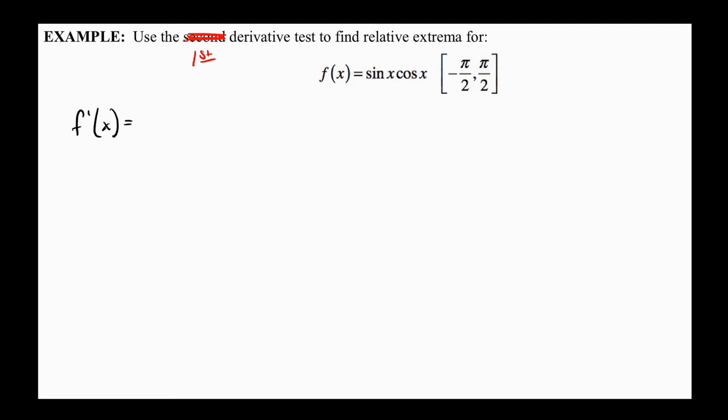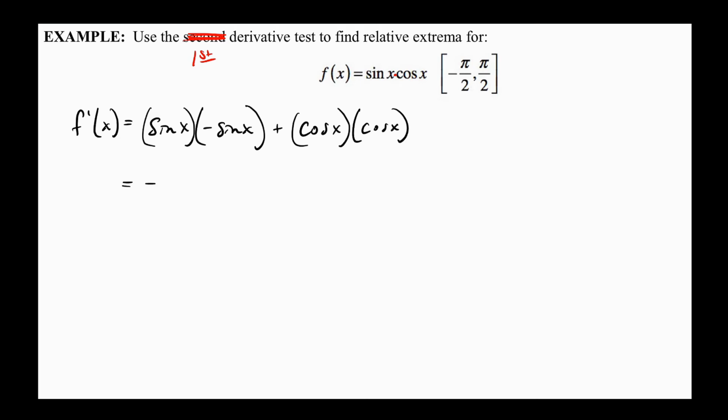Once you're done, we'll see if we get the same answer. Okay, so once you got the derivative, take a look up here, see if I got the same thing.